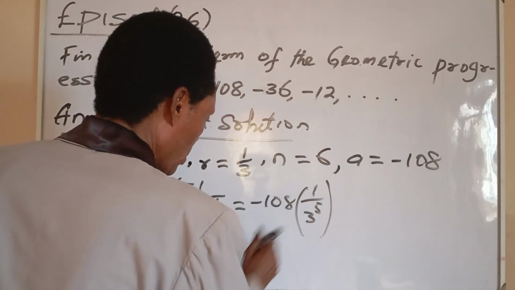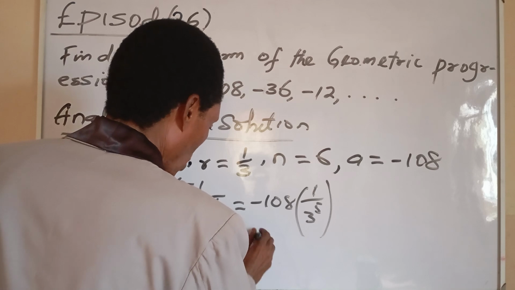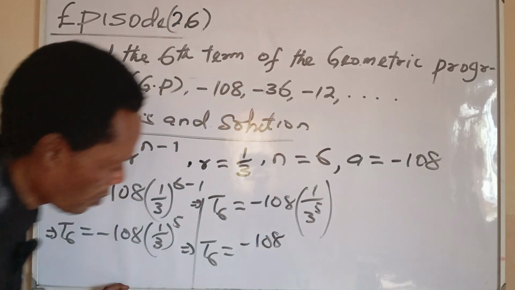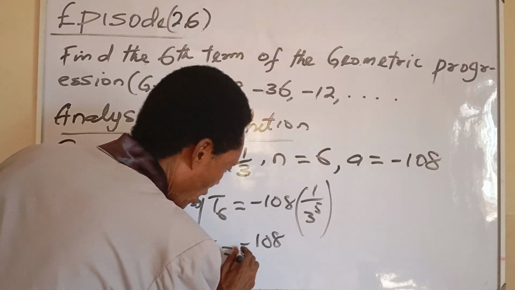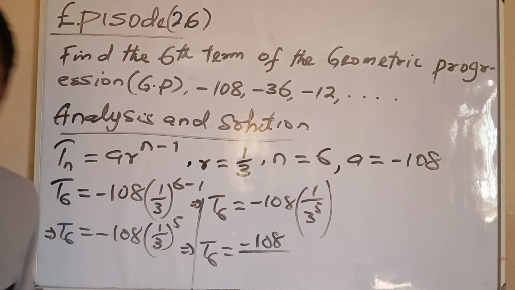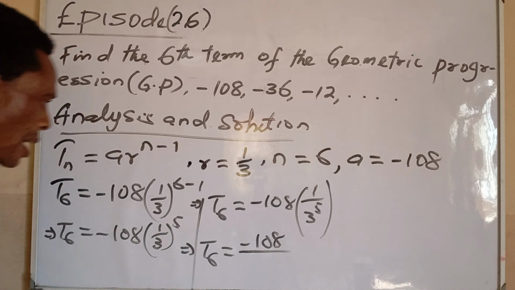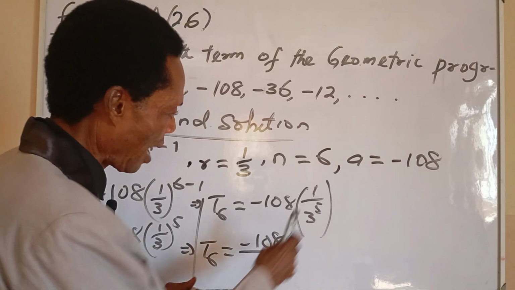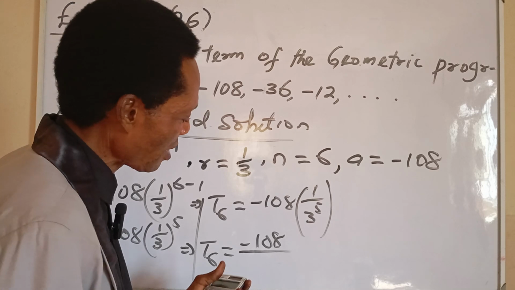It will become minus 108 all over 3 raised to the power of 5. So from here, you have to multiply 3 by itself 5 times.